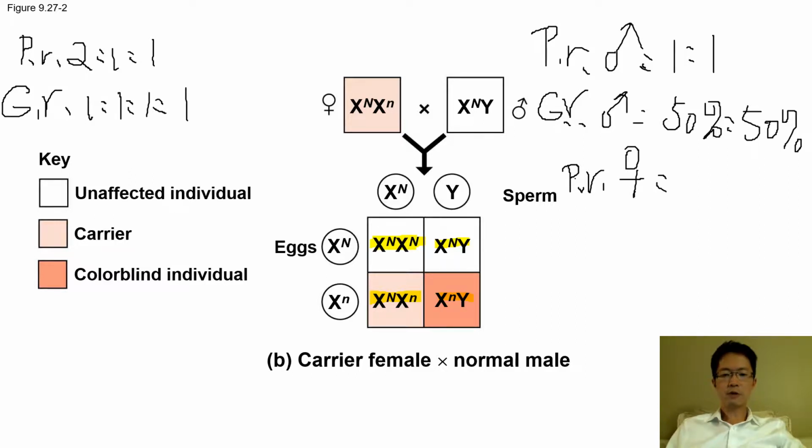The phenotypic ratio for girls is also 1 to 1 or 50%.